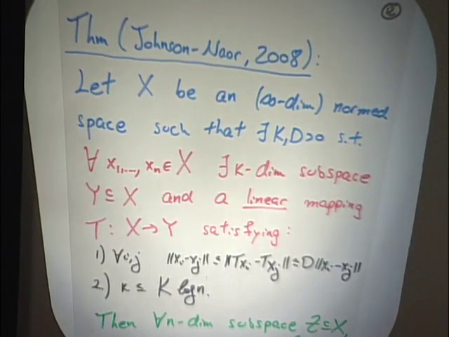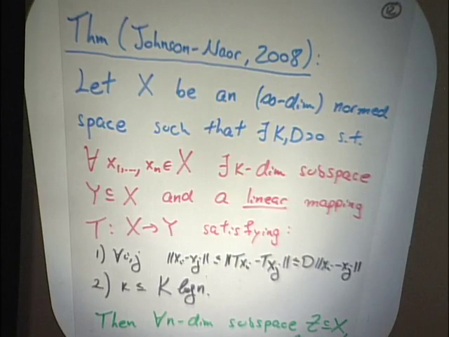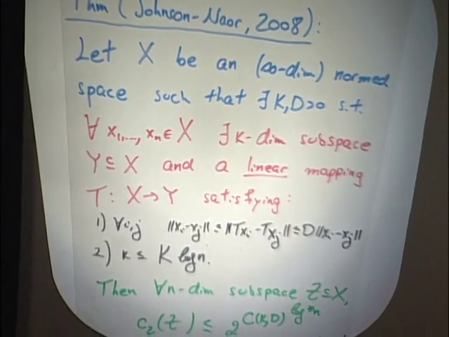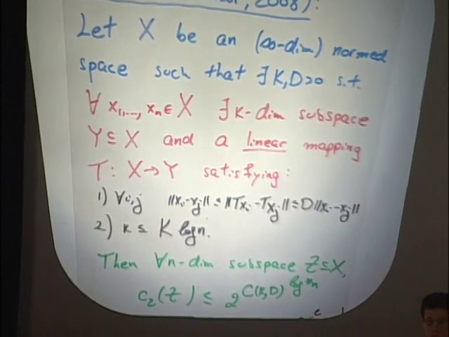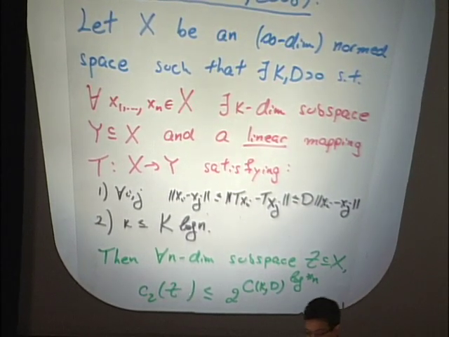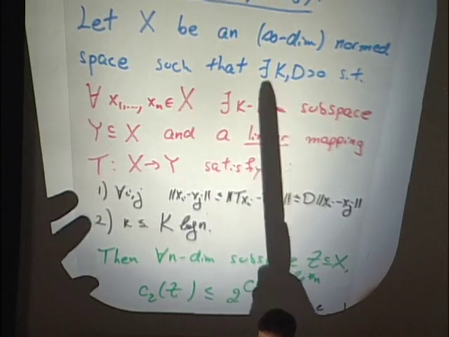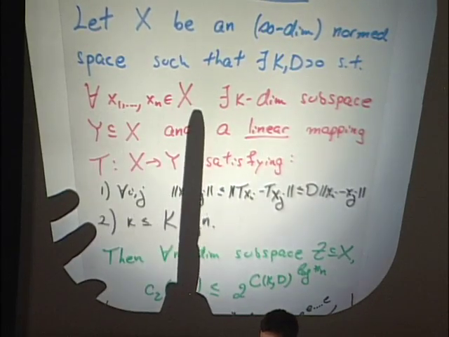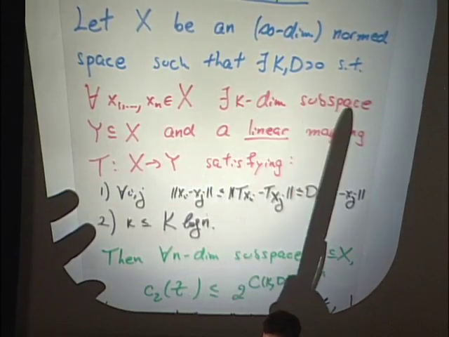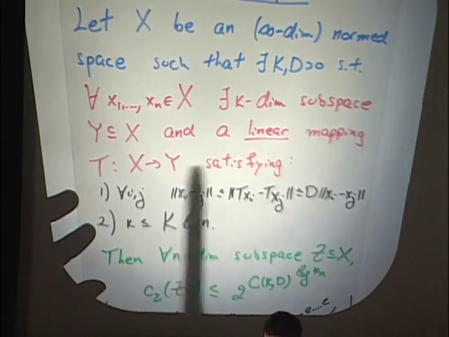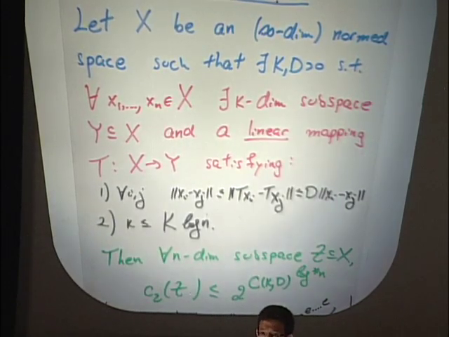Give me any normed space, think of it as infinite dimensional, there are finite dimensional versions. So give me any infinite dimensional normed space X, and assume that there are two constants, let's say k is 10 and d is 2. They're numbers, okay? There are two constants for which the Johnson-Lindenstrauss lemma is correct. So in the space X, for any n points in X, you can find a k-dimensional subspace Y and a linear mapping T. Before, it wasn't only existence of a mapping, it was with high probability over mappings.